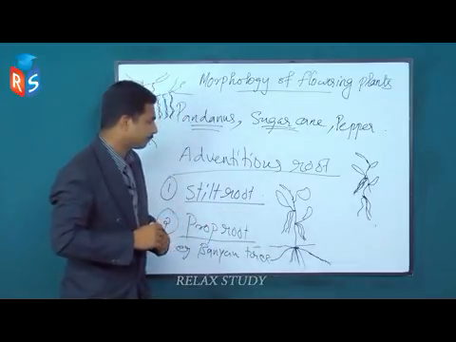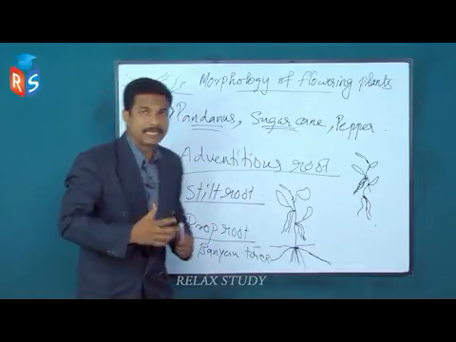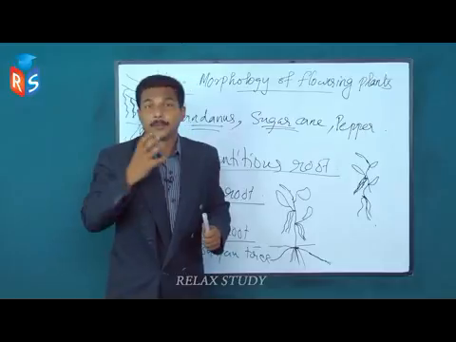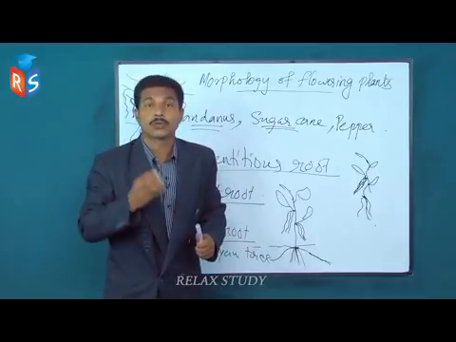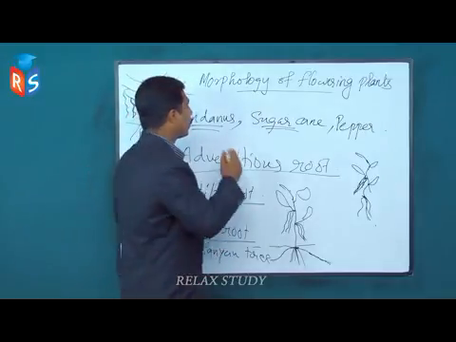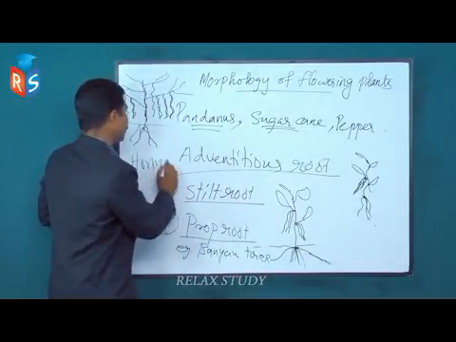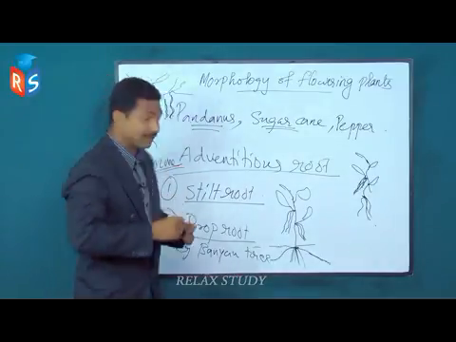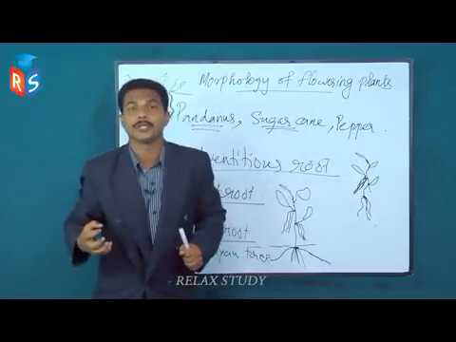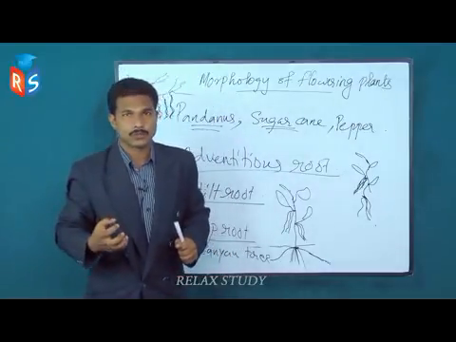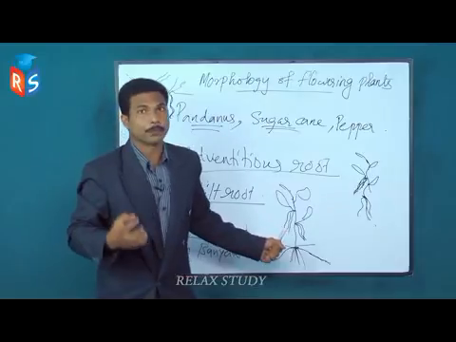Then the second function: in some plants the root produces hormones or growth regulators. Hormones or growth regulators control the growth of the plant body. So some hormones are produced from the root part.